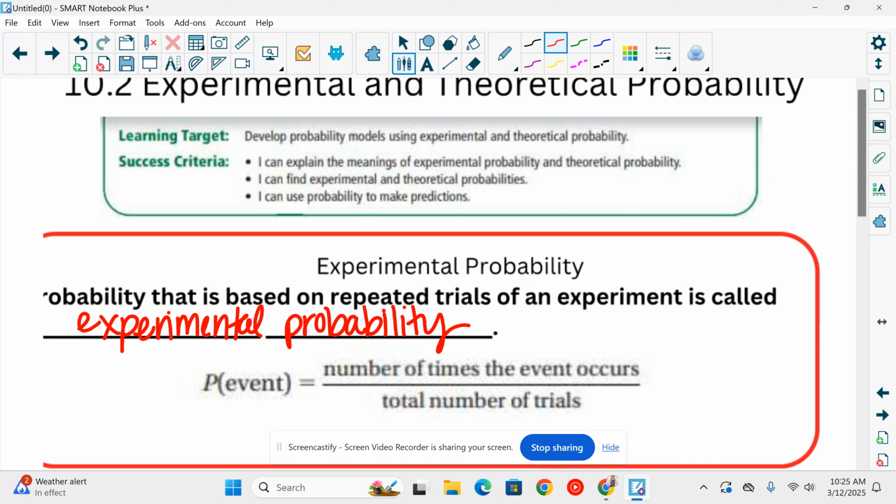I like to think of this as the one that we actually do. Like we've actually conducted it, we've actually done the results, done the experiment, done the thing. It's experimental probability. Wait, that's an R. That's an RIMENTAL. It's up here too. Experiment.